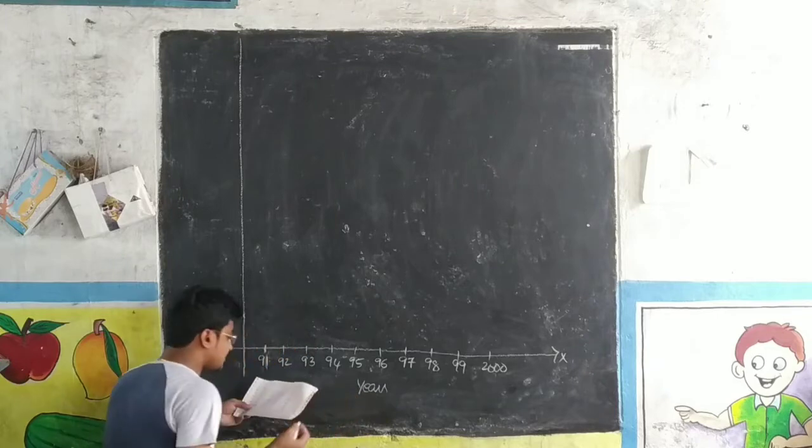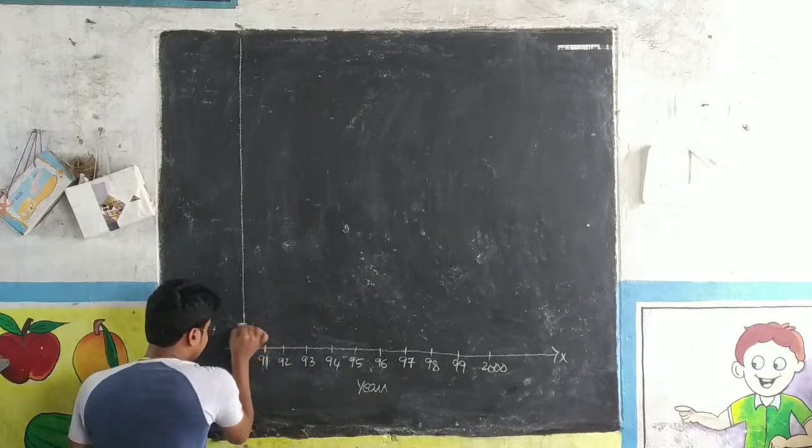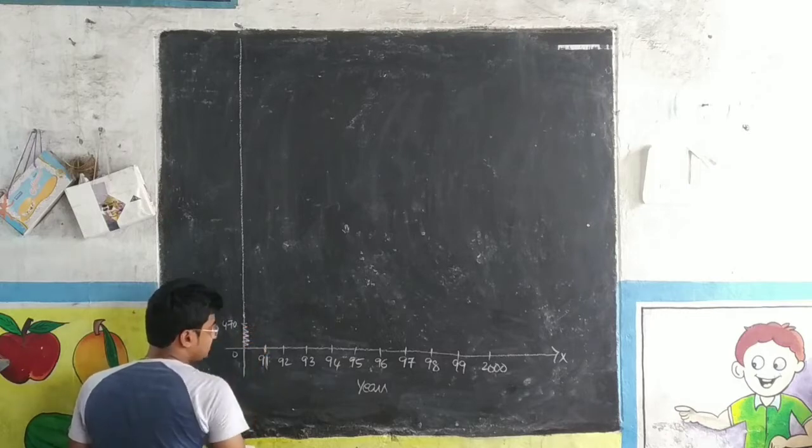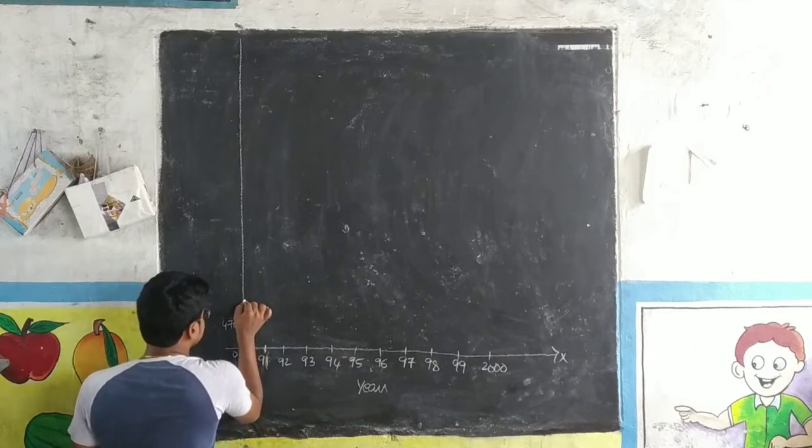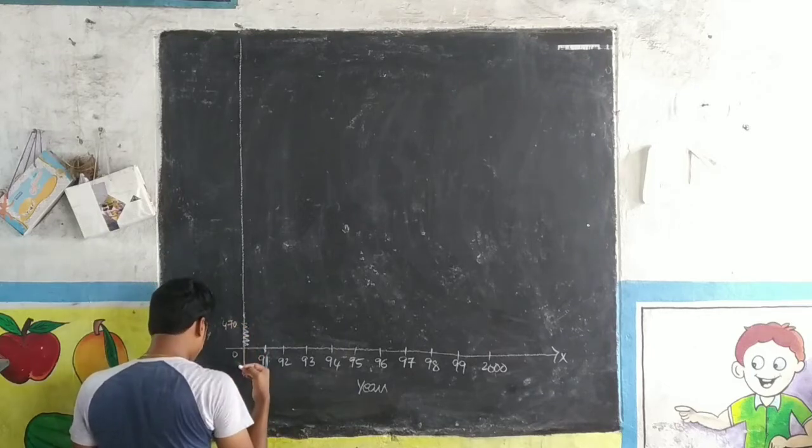Next, sales start from 470. Data was condensed between 0 to 470. Next, it starts from 470 till 610.